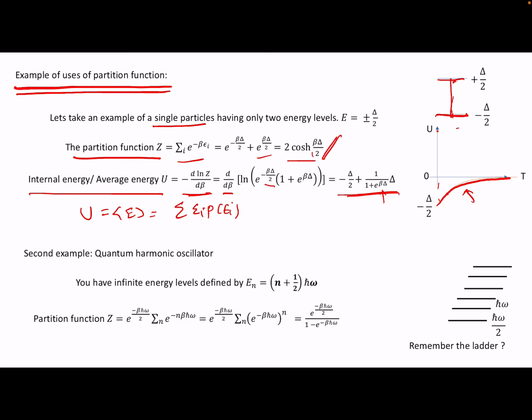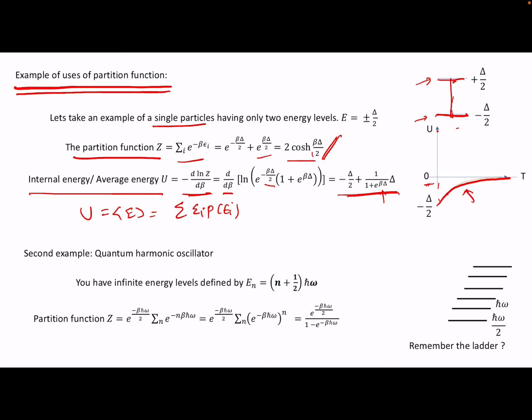By that I mean an electron in a two level system at max can spend half the time in the excited state and half the time in the ground state, giving you an expected energy of 0. Right? So this is a very profound example which we can solve using the partition function in a very simple way.